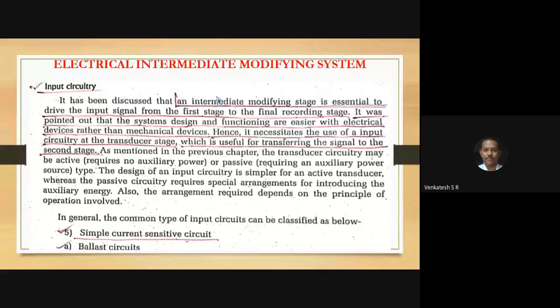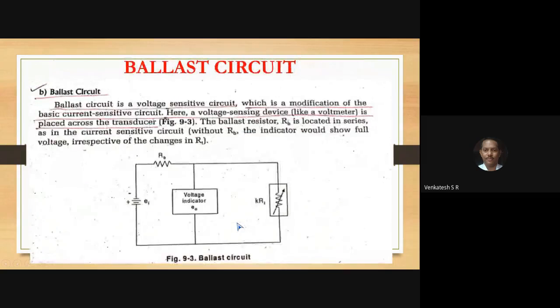There are two types of input circuitries available for measurement of strain. One is the simple current sensitive circuit. The other one is the ballast circuit. You have already studied in the physics laboratory the Wheatstone bridge, the ballast circuit, and the simple current sensitive circuit.